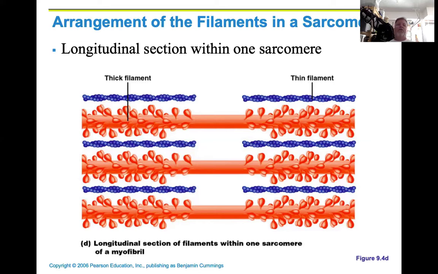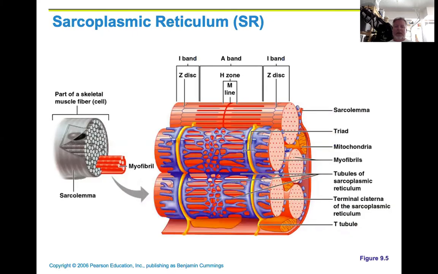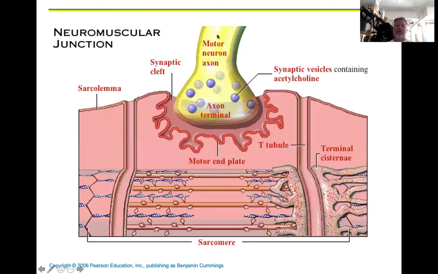In order to contract the skeletal muscle, first, it must be stimulated by a nerve ending. So here's my nerve ending coming down from my nerve. From there, we have to propagate an electrical current, also known as an action potential. If I use the word action potential, I'm just talking about that nerve stimulus.